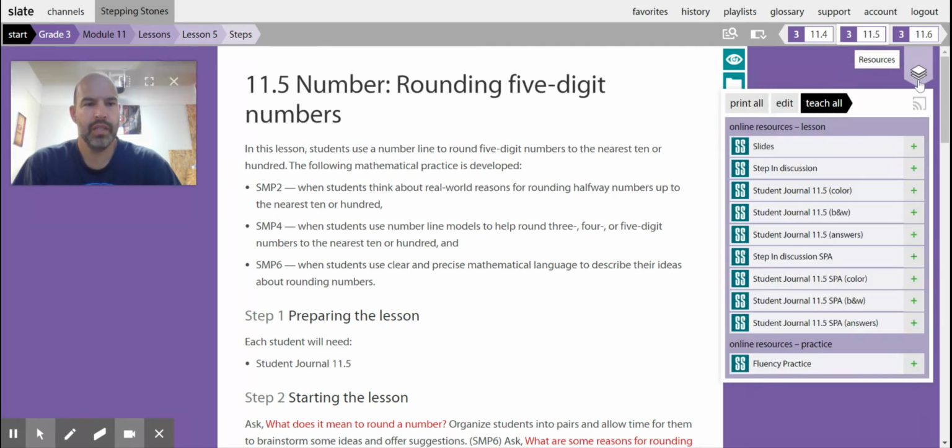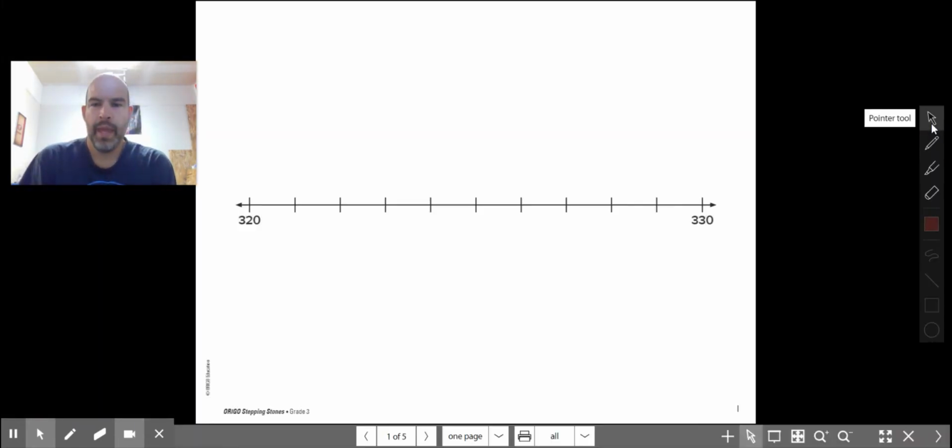All right. So let's go ahead and start right here. And we have a number line here. And this number line shows us the range between 320 and 330. Now, each of the marks on the number line are representing a certain distance in between each interval, right?